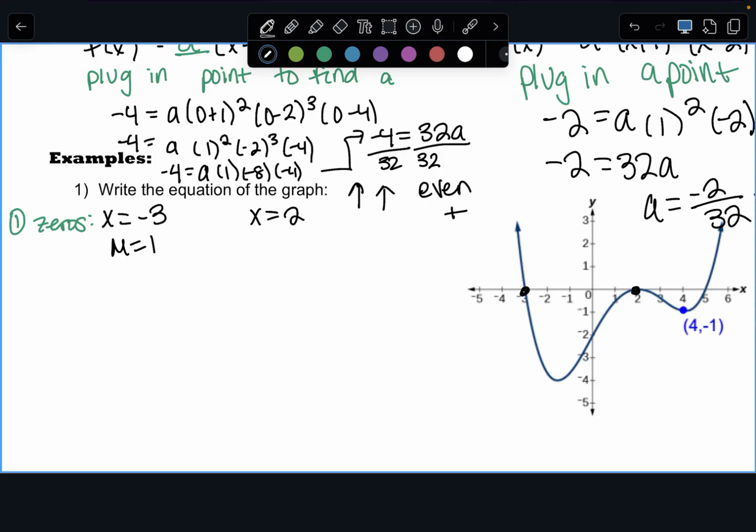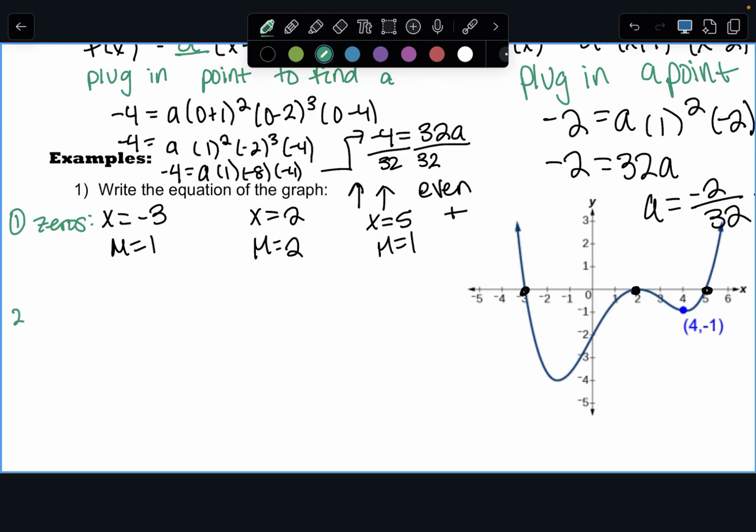At 2, we have a little bump, a bounce. What's my multiplicity? 2. It would be an x minus 2 squared. And then my last 0 is right here at 5. My graph goes straight through with no squiggle, so my multiplicity is just 1. So that's step 1. Find your zeros.